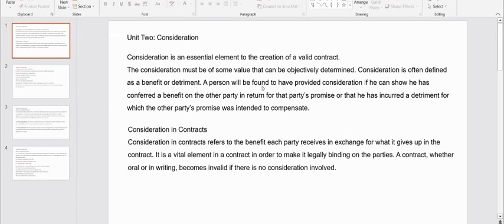So a person will be found to have provided consideration if he can show that he has conferred a benefit on the other party in return for the party's promises, and he has incurred a detriment for which the party's promise was intended to compensate. All right. So that means to say, a consideration is that both parties have to consider the content of the contract.